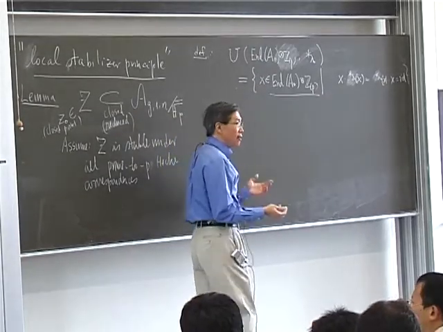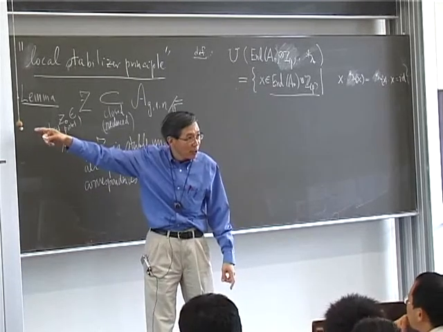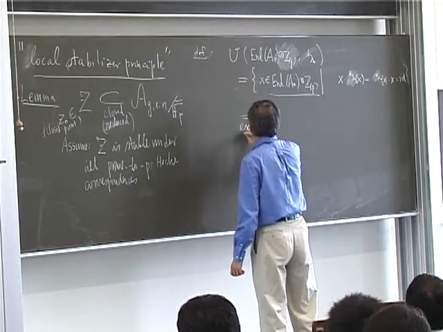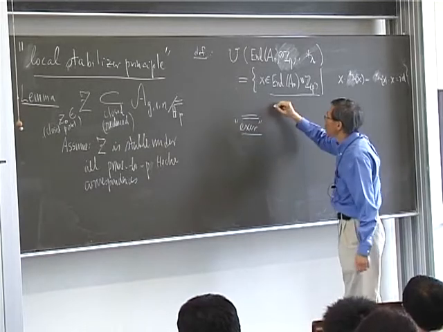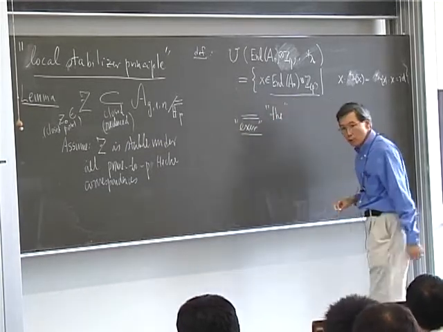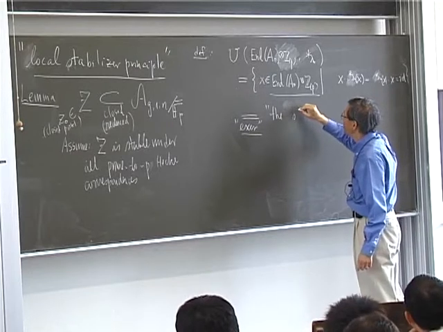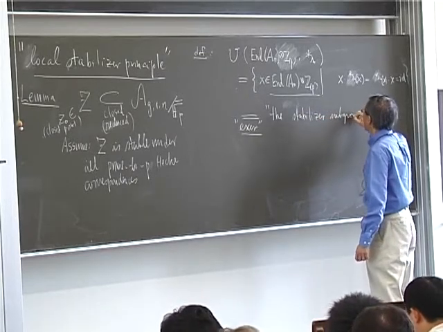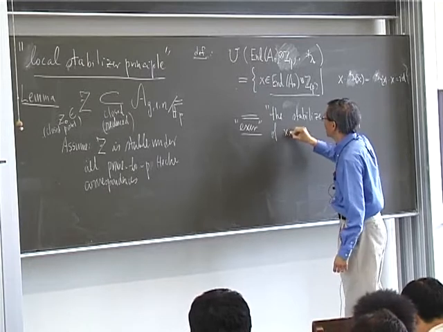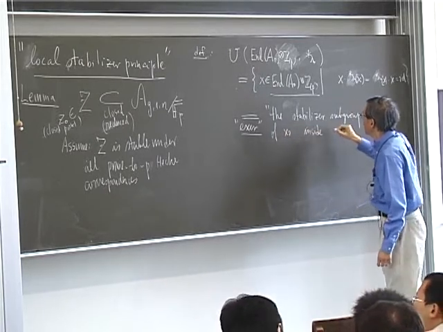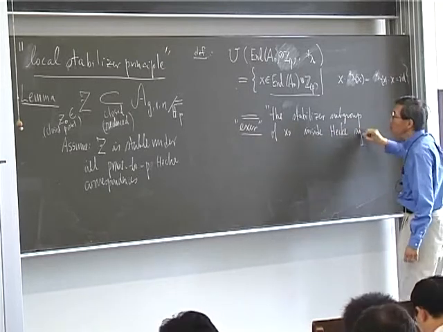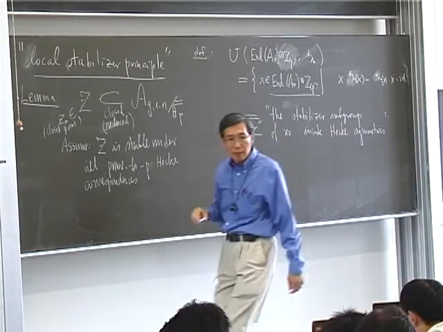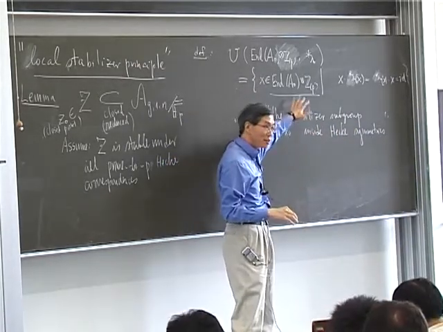Okay. And if you follow this definition, I'll leave it to you as an exercise, that this is, again, quote unquote, the stabilizer subgroup of x0 inside Hecke correspondences, Hecke symmetries. I'm not going to prove it, but this is an exercise.